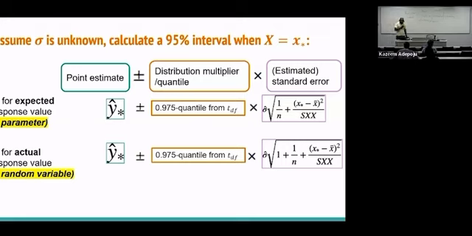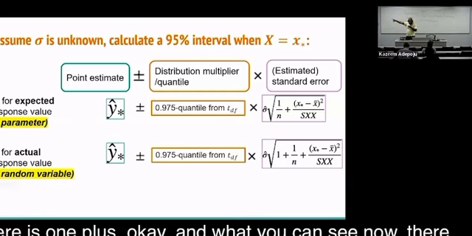Can you see the difference between the two? They're going to have the same point estimate, but the difference is just what you have in the square root. In the square root for the individual one, there is 1 plus. And what you can see now is there is a difference between the two standard errors.